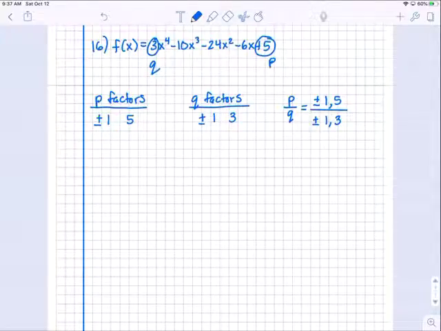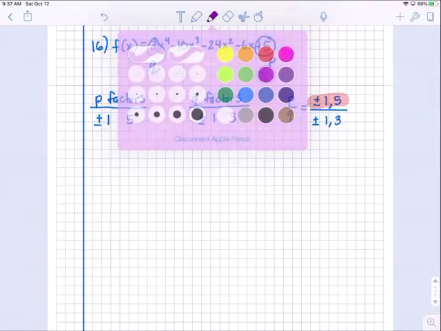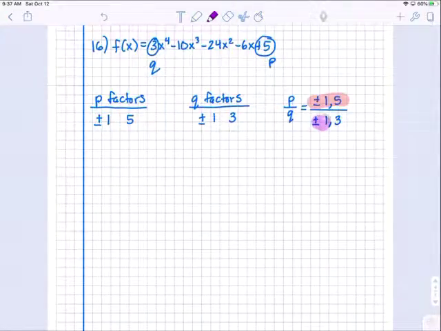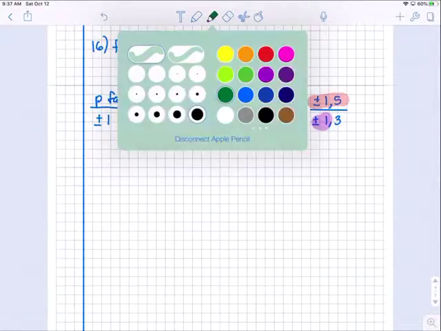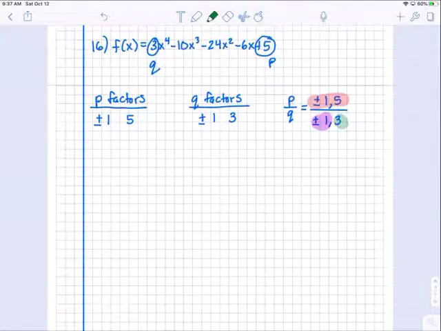Alright, so remember, in order to find our p over q, when we have more than one value in the q, we have to do every single numerator over every single denominator.